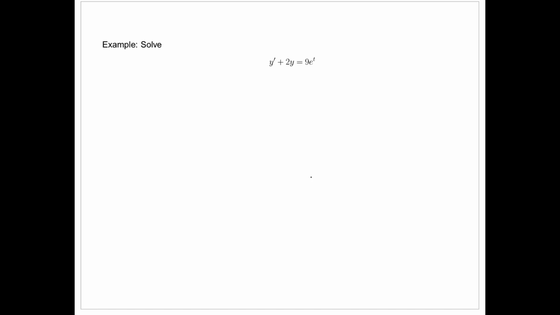As an example, let's solve this first order linear differential equation. What is the integrating factor here? Here we'll use mu of t is e to the integral of p of t. Our p is just 2 dt. Of course, the integral of 2 dt is just 2t. Remember, we could add a constant there, but it won't matter.